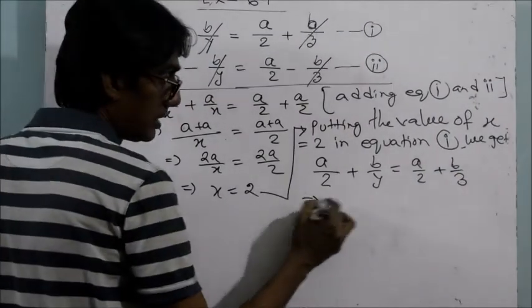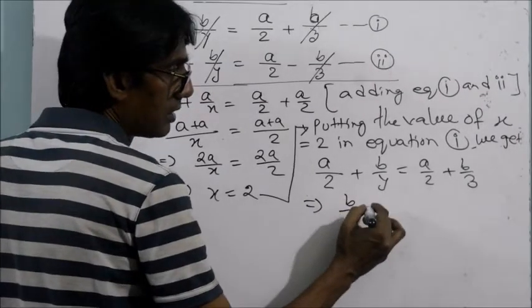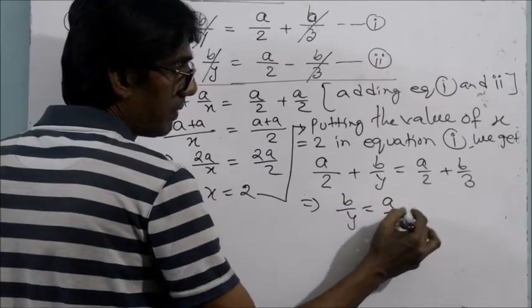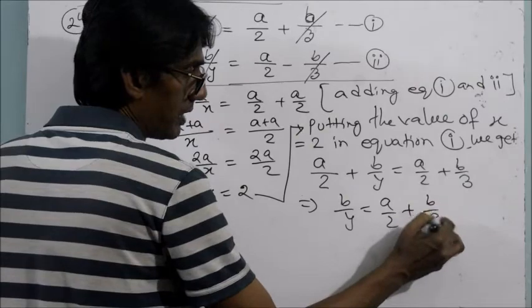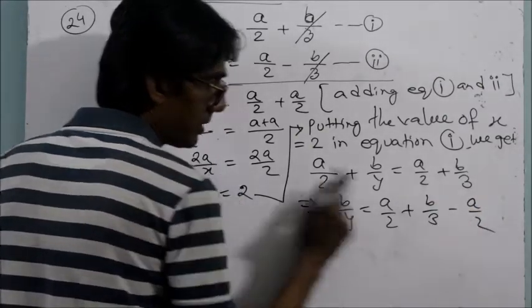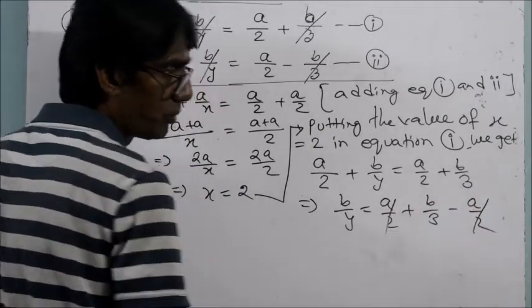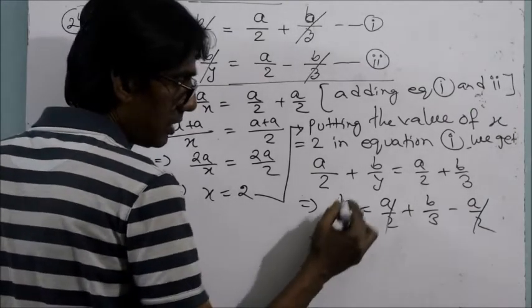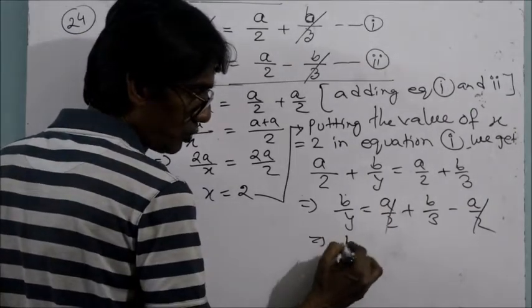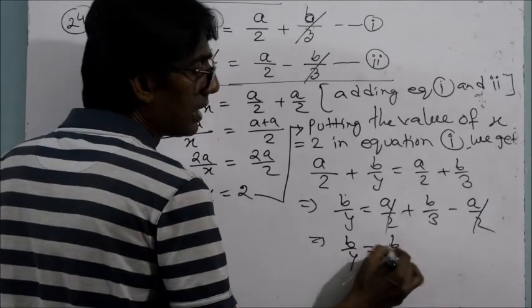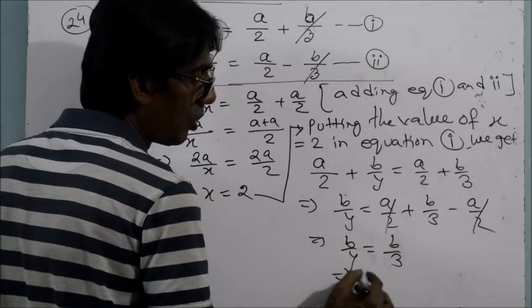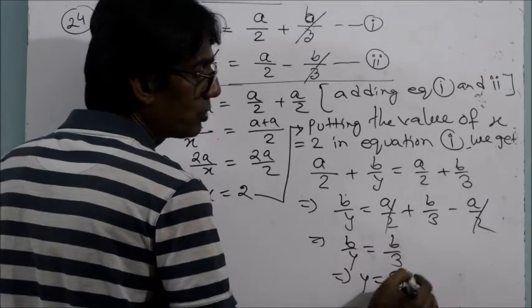Again keep b by y, and a by 2 plus b by 3 minus a by 2. A by 2 is omitted. Both numerators are the same, so b by y equals b by 3, or y equals 3.